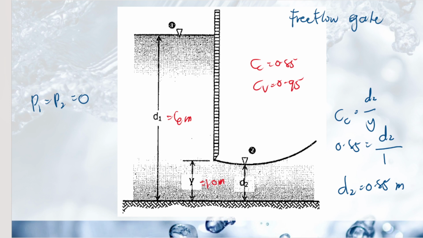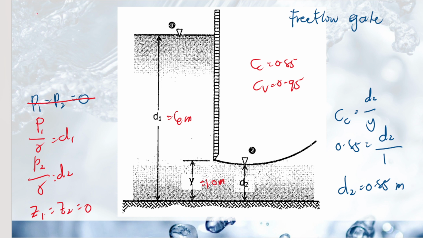So coming from this, since we are neglecting friction losses, it will become P sub 1 is equal to D sub 1 and P sub 2 is equal to D sub 2. Our Z will disappear because of neglecting friction losses.